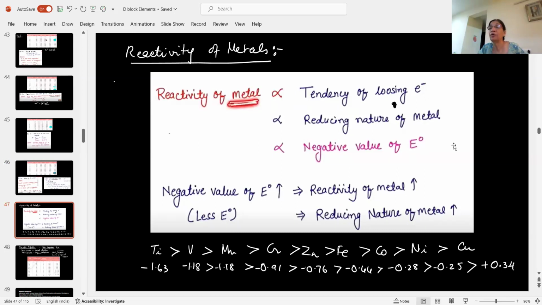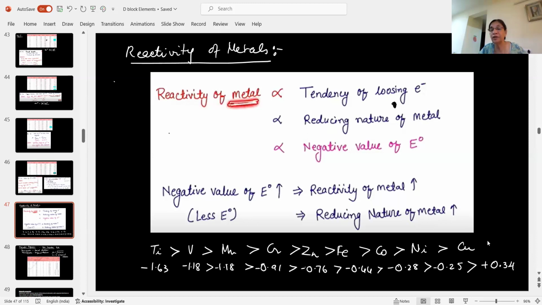So if you look at the table of electrode potential, the elements which are on the top, which have the negative reduction potential, are more reactive than the ones which are at the bottom, which have positive reduction potential. So you can arrange them in the order of their reactivity.